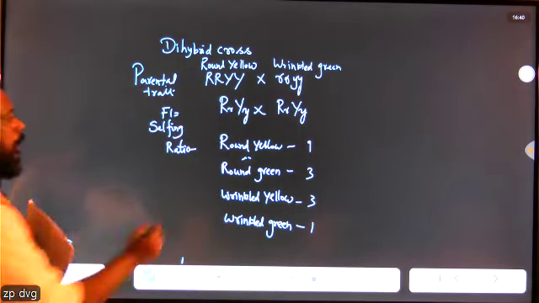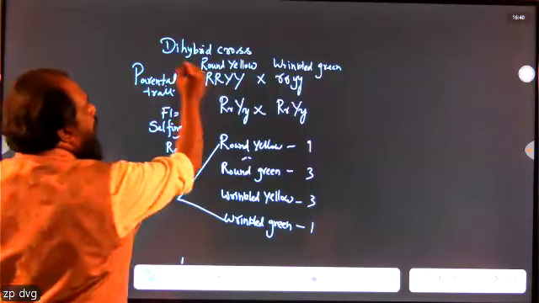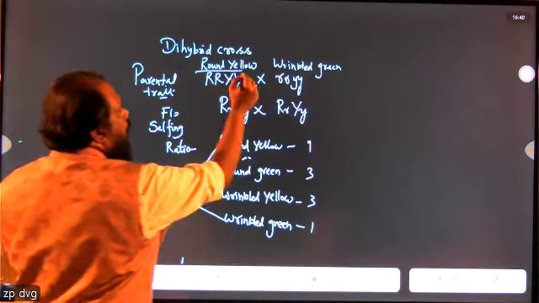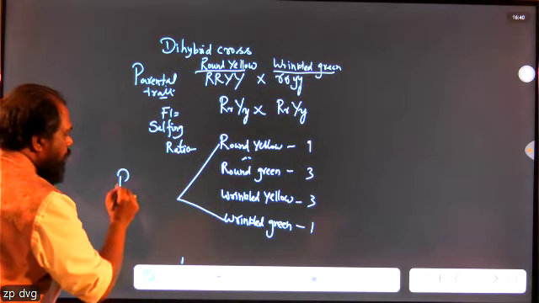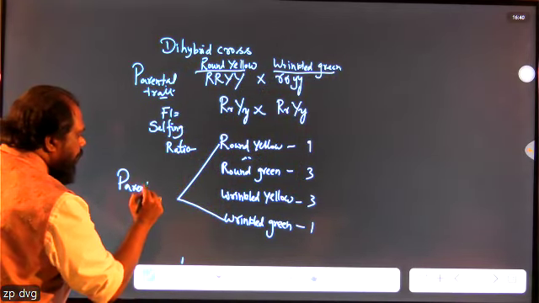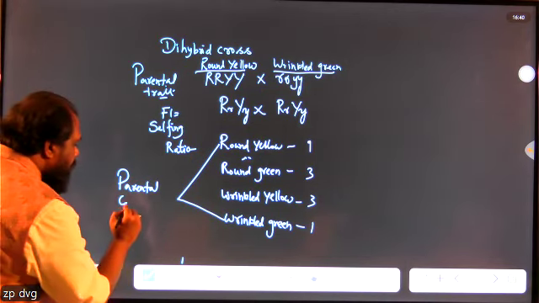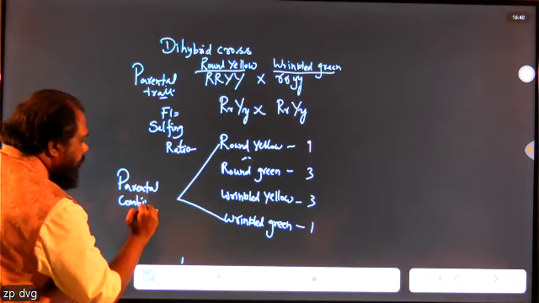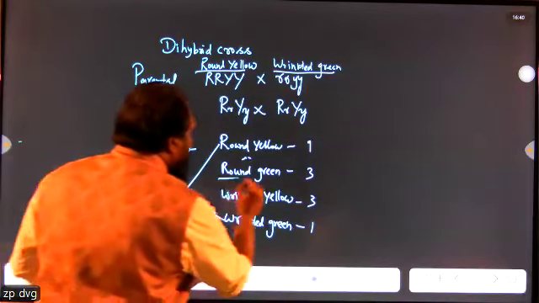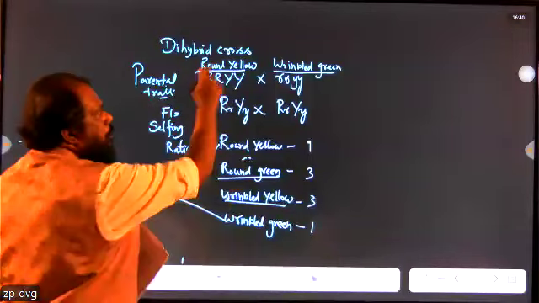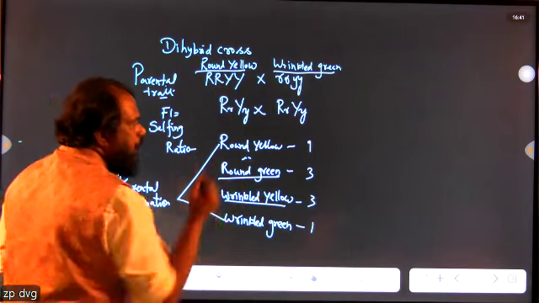Now, hope you remember round yellow and wrinkled green is called parental trait. Look at that, round yellow, wrinkled green. So round yellow and wrinkled green, it's called as what? Parental character. Here it says parental combination. We use the same words. Now, round green and wrinkled yellow is not a parental character because round means yellow should be there, but here round green is there.